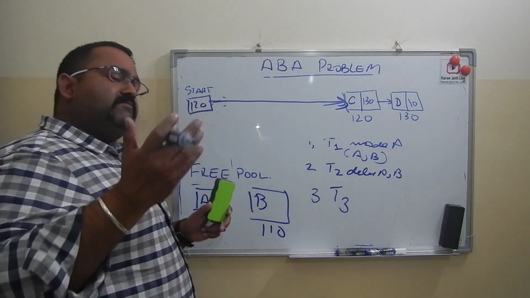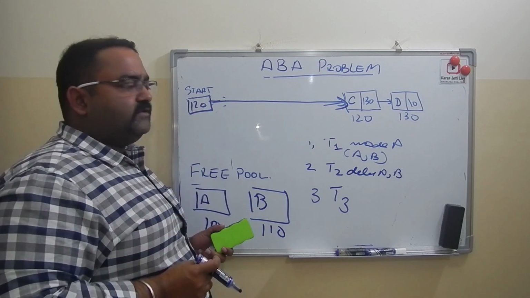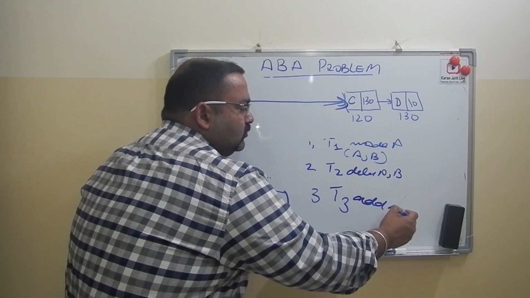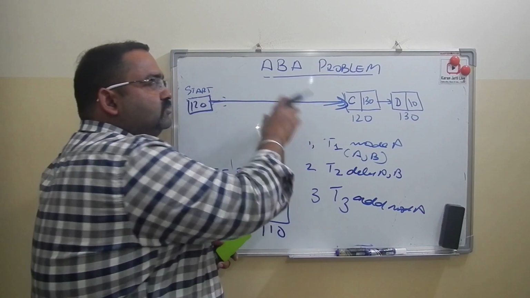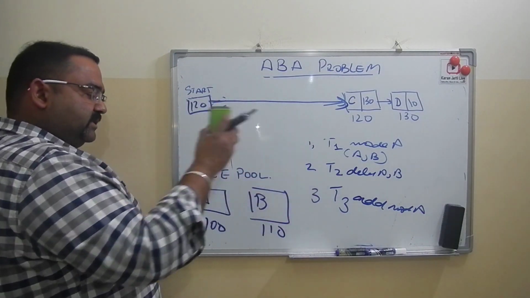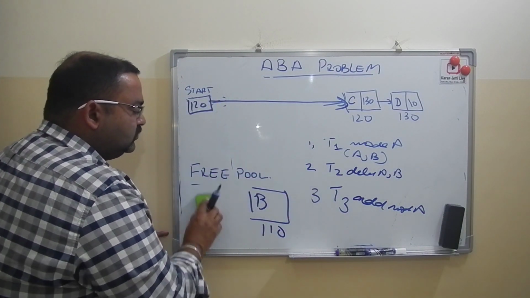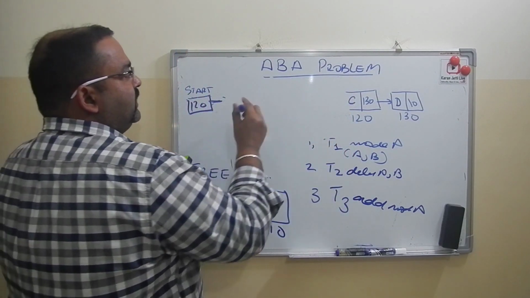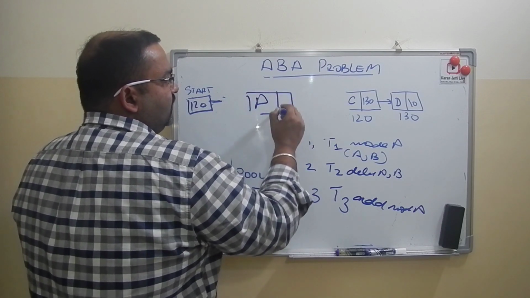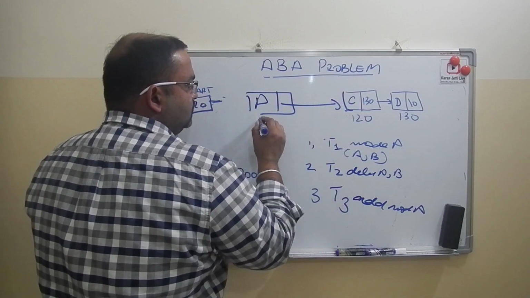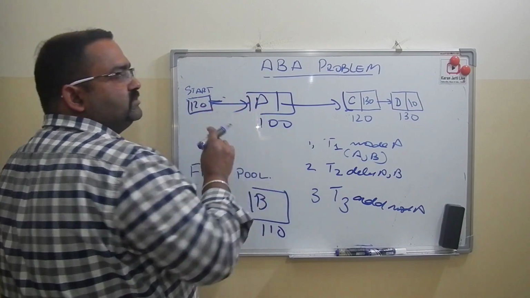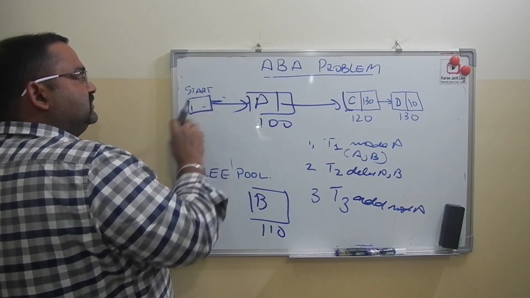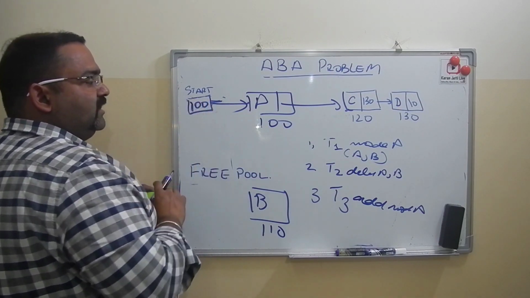After this, some other thread T3 comes. It removes node A from the free pool and adds it back to the list. Now what nodes does our list have? A, C and D. And it modifies the start, so it starts pointing to A again.